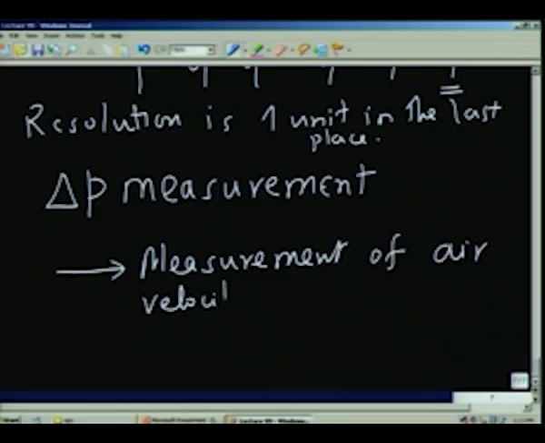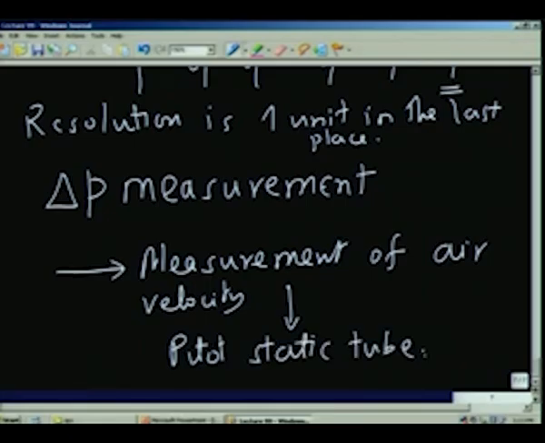The primary instrument I am going to use is a pitot-static tube. Of course, we have discussed it earlier, it is nothing new, we know about this instrument. What I am going to do is describe a typical situation and find out the typical values of the velocities I am going to measure, and then accordingly we will find out what is the suitable instrument for measuring the delta p.